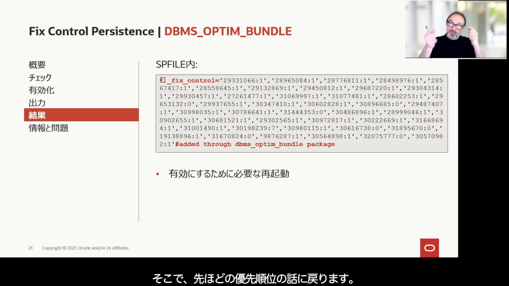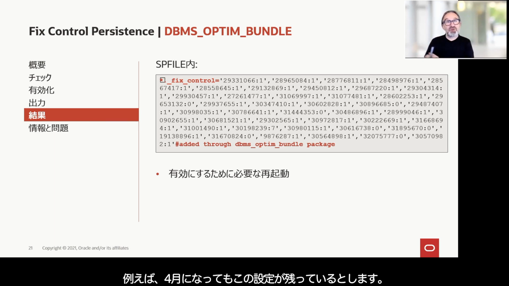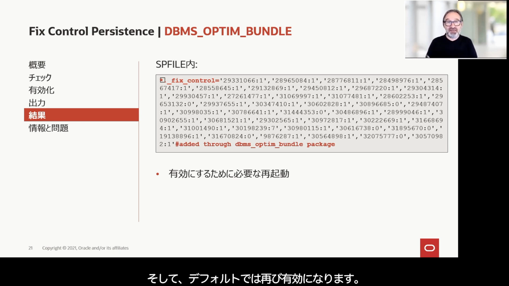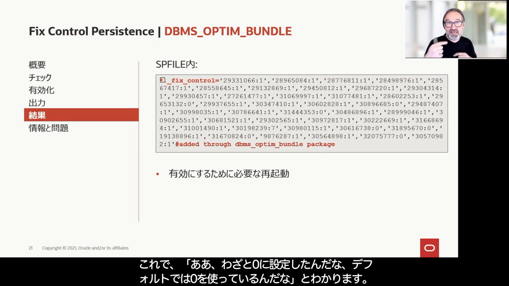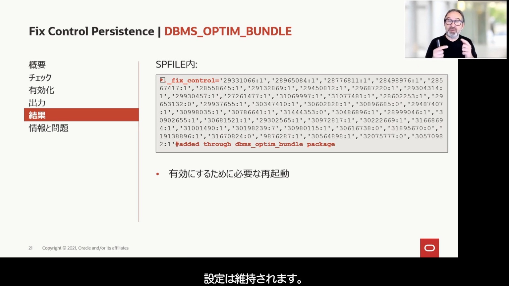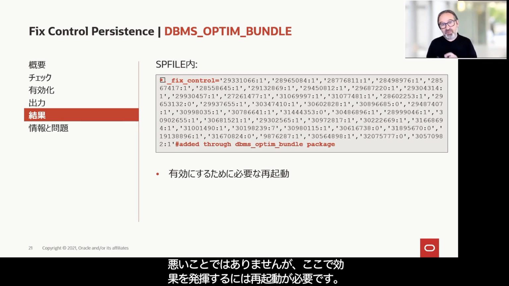And now back to the precedence from before. Let's say we go to April. And in April, this is still there. And by default, it will still enable it again. Now it realizes, oh, you set it on purpose to 0. And by default, your 0 setting will be kept. Not bad. But you need a restart to take effect here.